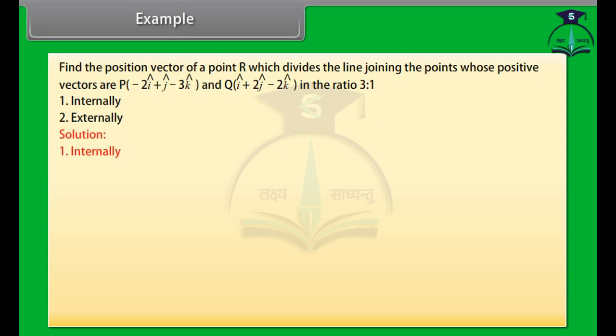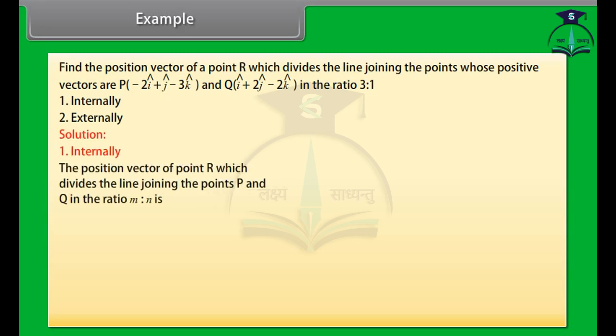Solution: 1 internally. The position vector of point R which divides the line joining the points P and Q in the ratio m is to n is vector OR equals (m vector B plus n vector A) by (m plus n). Here m is equal to 3, n equals 1. Vector A equals minus 2 cap i plus cap j minus 3 cap k.